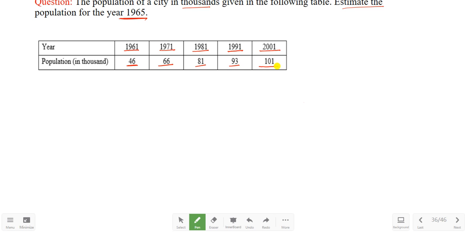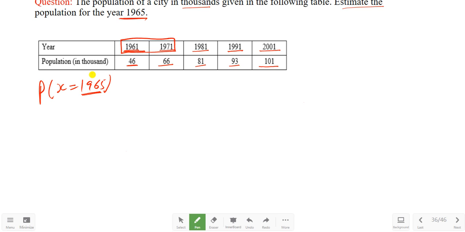Our aim is to compute the population in the year x equal to 1965. So 1965 lies between 1961 and 1971, that is, this value lies between the first two values of the given tabulated data.